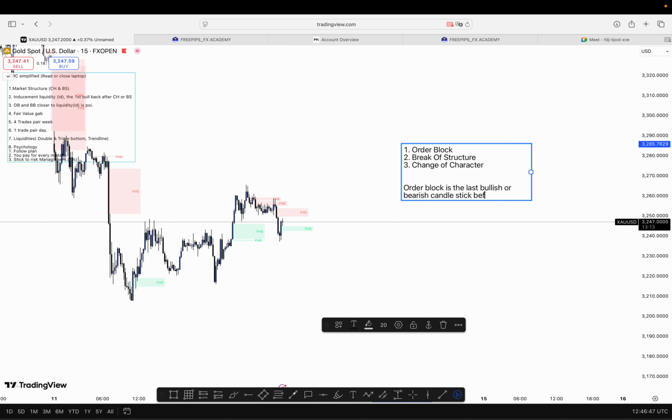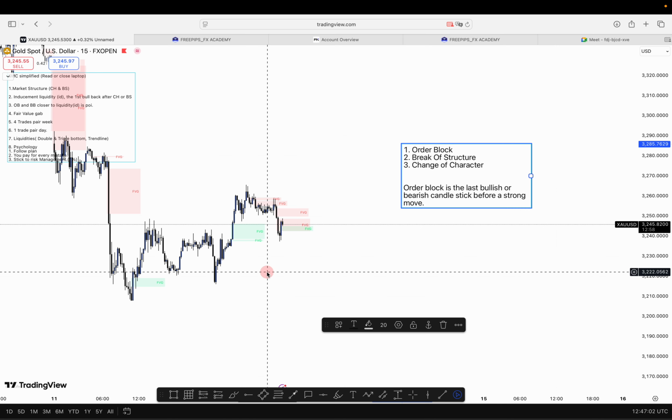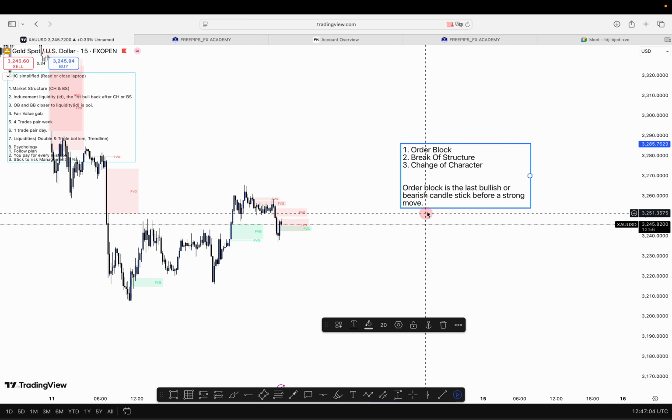So that is an order block. And order blocks can be bullish or they can be bearish.